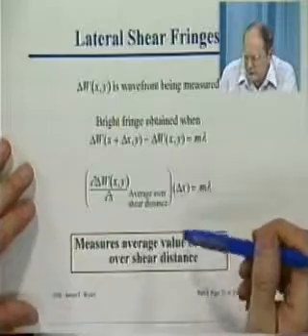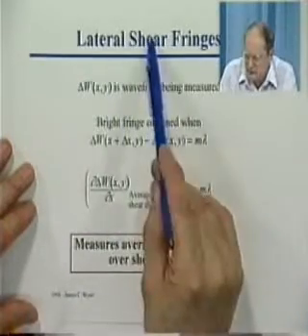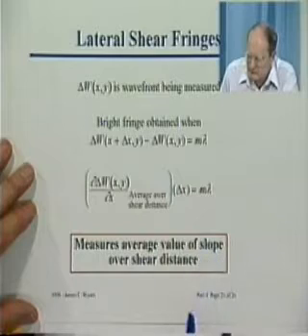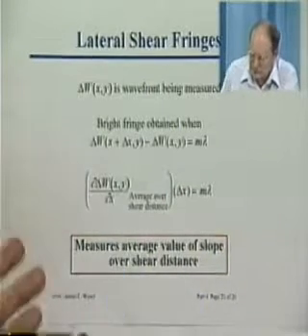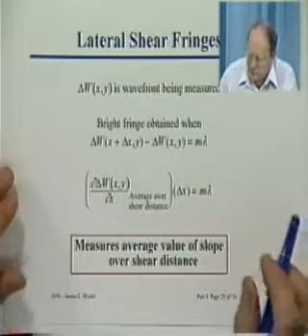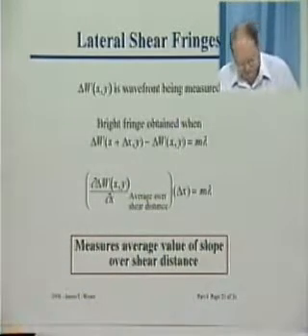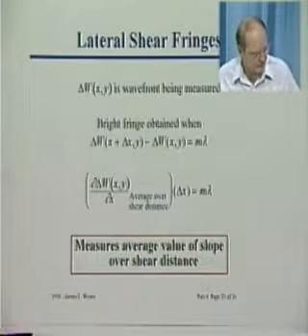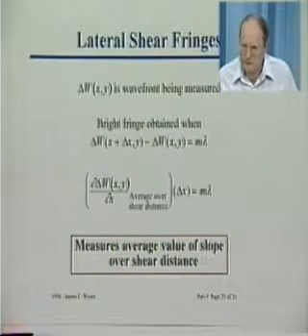And so the point I'm trying to make here is that a lateral shear interferometer measures the slope of the wavefront. And to be a little more precise, it measures the average slope, average value of the slope over the shear distance.